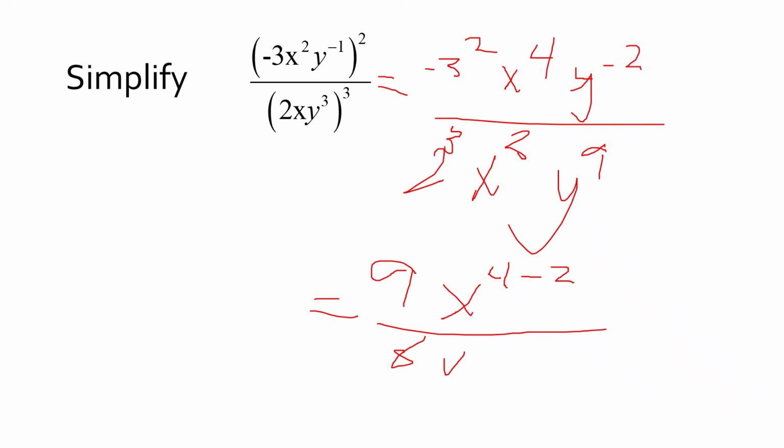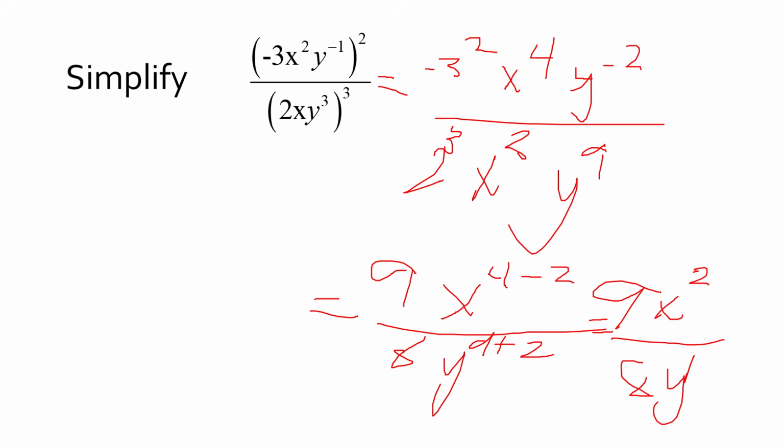Then y, 9. We bring down the negative 2, that will become positive 2. So what will be our final answer? That would be 9x squared over 8y to the 11. Okay?